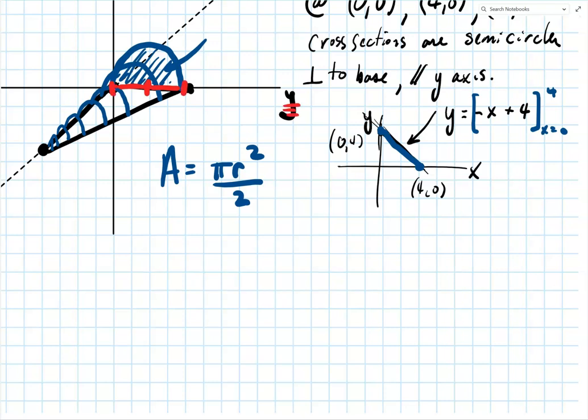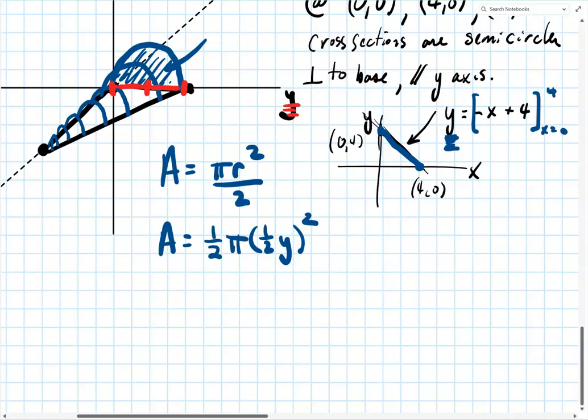Well, this length in red is our y-coordinate, so we could think of the area as, I'm just going to write it this way, 1/2 of pi times radius squared. Well, the radius is y, so I'll say half of y squared. And then on top of all of that, we're noting that y is the result of this equation.